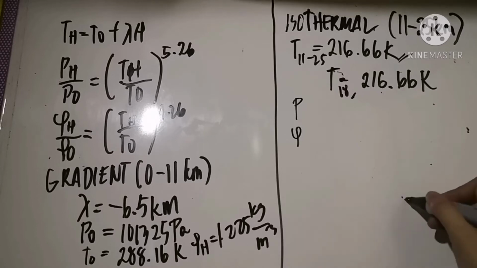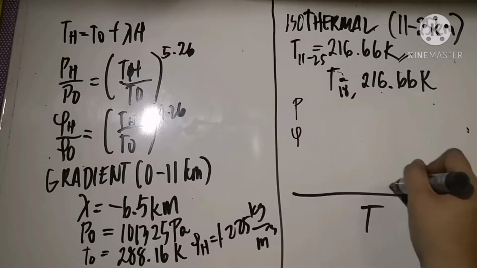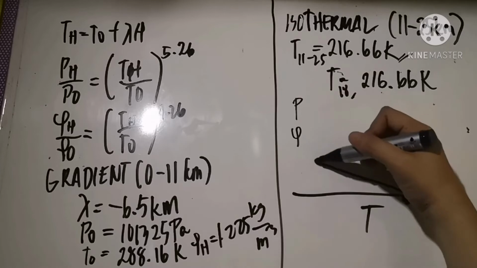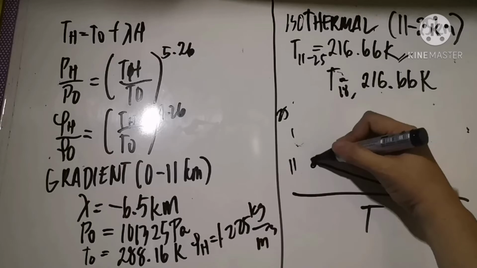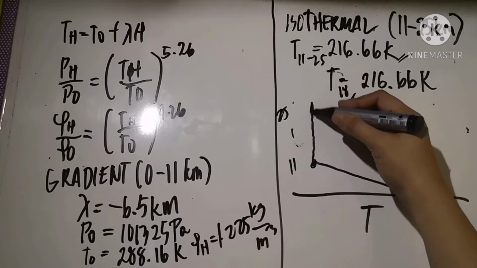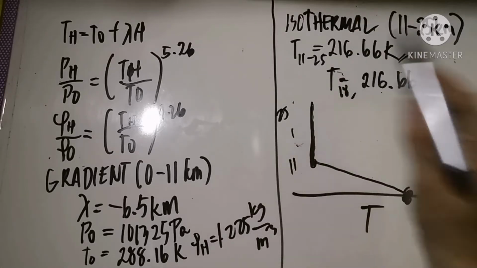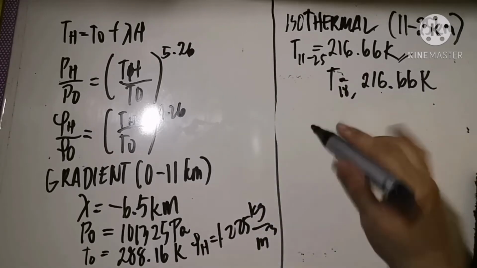Parang, kunyari, from 0, ito yung ground. Tapos, with respect to temperature. So, from 288.16, nung pumunta tayo sa 11 kilometers, ganyan yung slant niya. Pero nung nasa 11 kilometers tayo papunta sa 25 kilometers, parang super liit na ng discrepancy nila. Pero meron pa ring change, pero super liit na lang. Kaya, consider na siya as constant temperature. Walang change. So, yan nga.